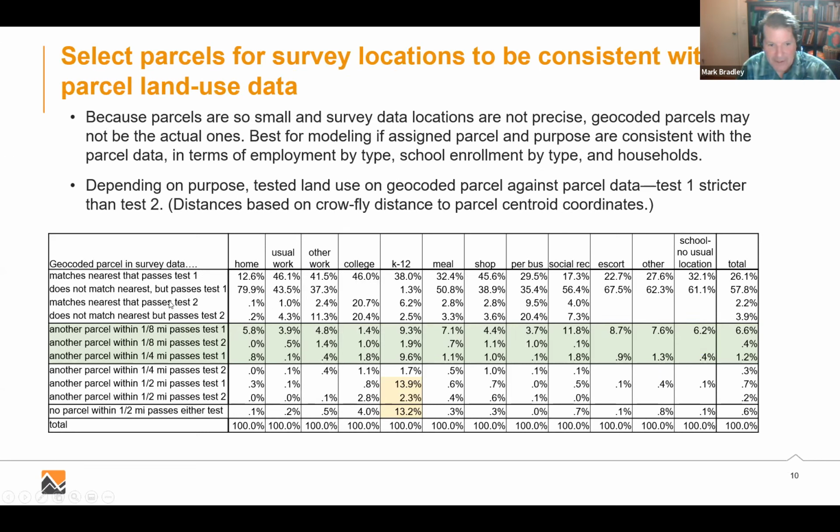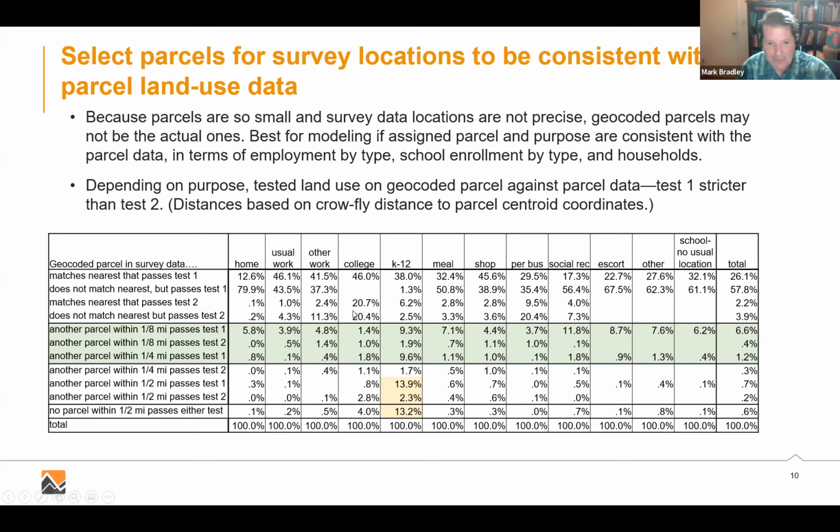For the vast majority of these, in the first four rows, the parcel that's in the data or the nearest one to that geocode matched the test, either the first test, which is more strict, or the second one. So for school, the first test might be for college that there's actually a university there. The second test might be that there's either a university or education employment on the parcel, things like that.